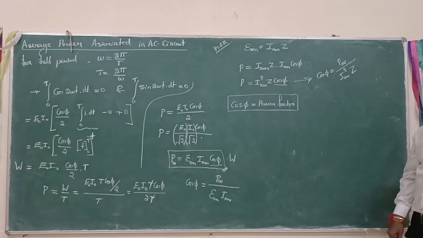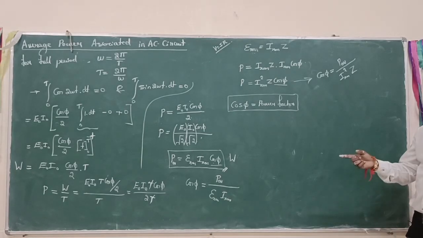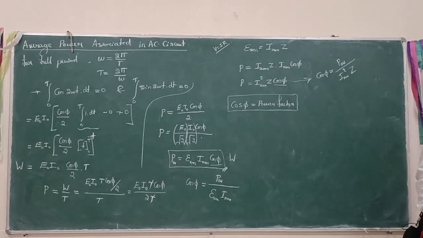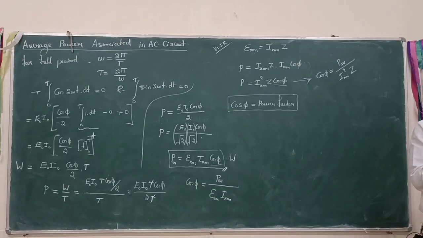So the average power is the true power, and E RMS into I RMS is what we call apparent power.